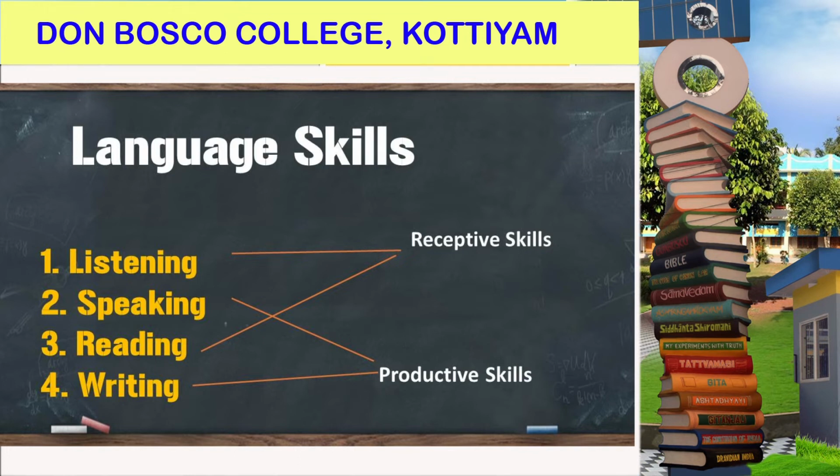When you claim to know a language, you must know these four aspects of that language. So LSRW: listening, speaking, reading, and writing. These are the four different language skills. It is very essential to develop your communication. Of these four, listening and reading are receptive skills or input, and speaking and writing are productive skills or output.